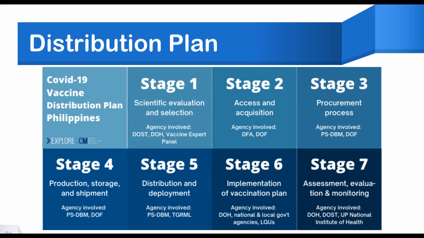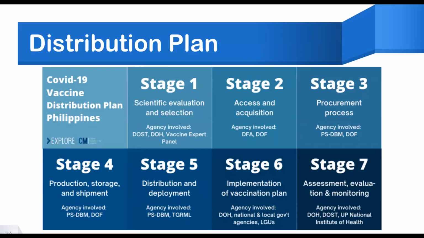Next is the stage 4, the production. Ito na yung shipment, storage, dito na siya sa stage 4. Then stage 5, distribution and deployment. So per agency, ibibigay na nila yan. And then next, stage 6, implementation of vaccination plan. Dito na yung DOH. Sila na yung mag-disseminate ng programs. So, ano nga yung program ng DOH ngayon sa bakuna is Resbakuna, kasangga ng bida.